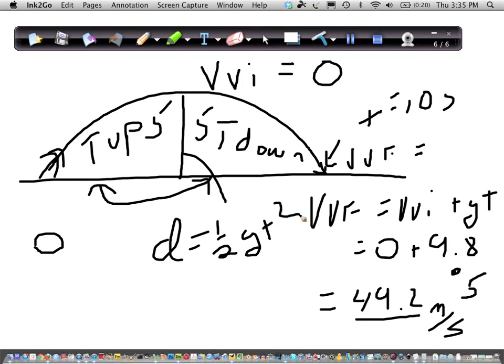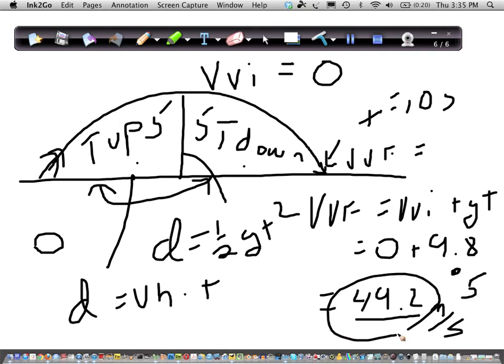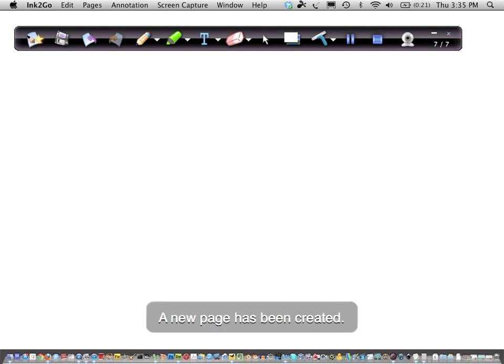We calculate that. We could calculate distance horizontal equals velocity horizontal times time. And that would be the whole time, 5 plus 5. Okay, but here's the thing. I know vertical velocity, but I don't know horizontal velocity. Let's just talk about that for a second.